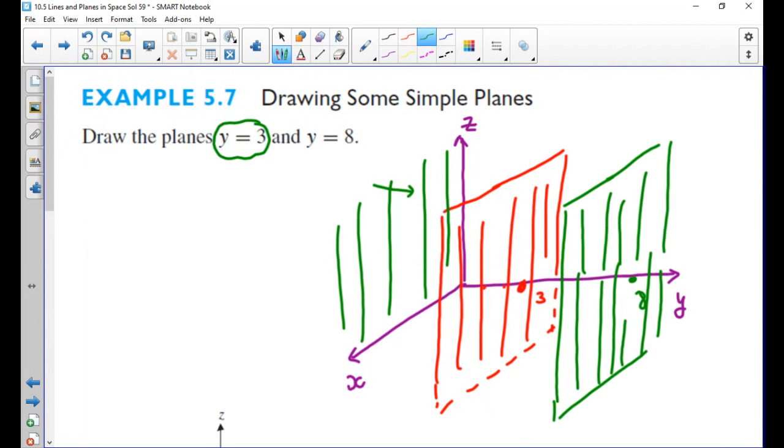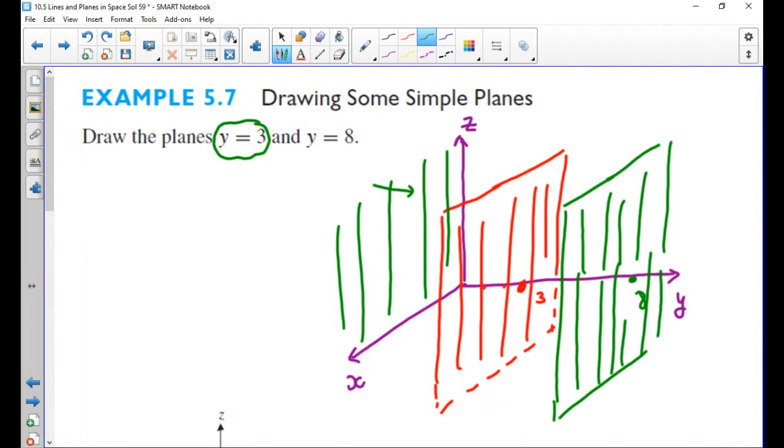Same thing if I want, for example, z equal 2: I will go to z equal 2 and draw a plane parallel to xy, like a horizontal plane parallel to the xy plane. So those will be the equations y equal a constant or z equal a constant.